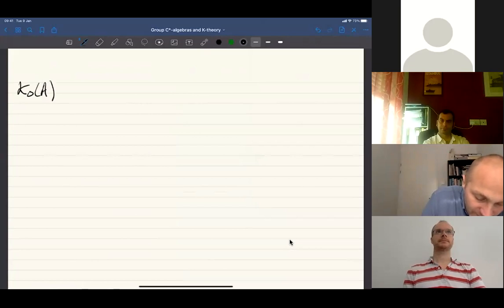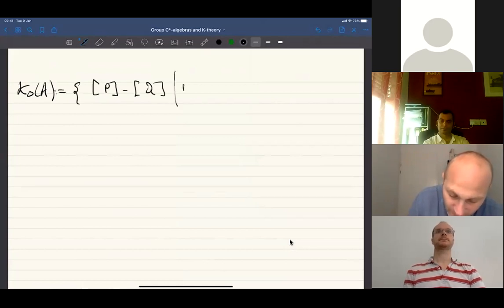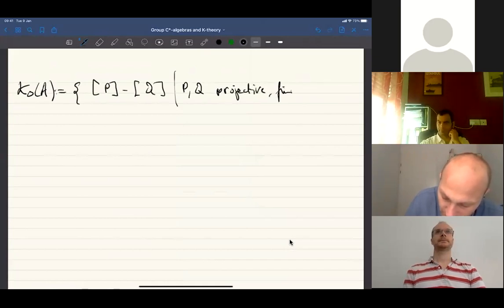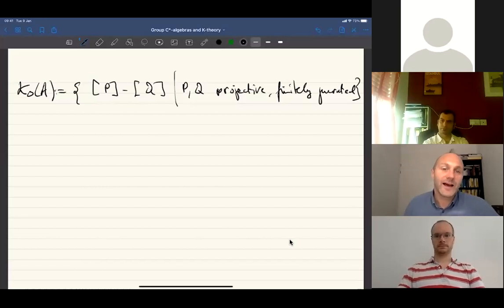Okay, this is a familiar definition of projectivity from abstract algebra. And then a quick definition of K0 of A, the group K0 of A, is to take finitely generated and projective modules, take isomorphism classes, and then take formal differences of those.